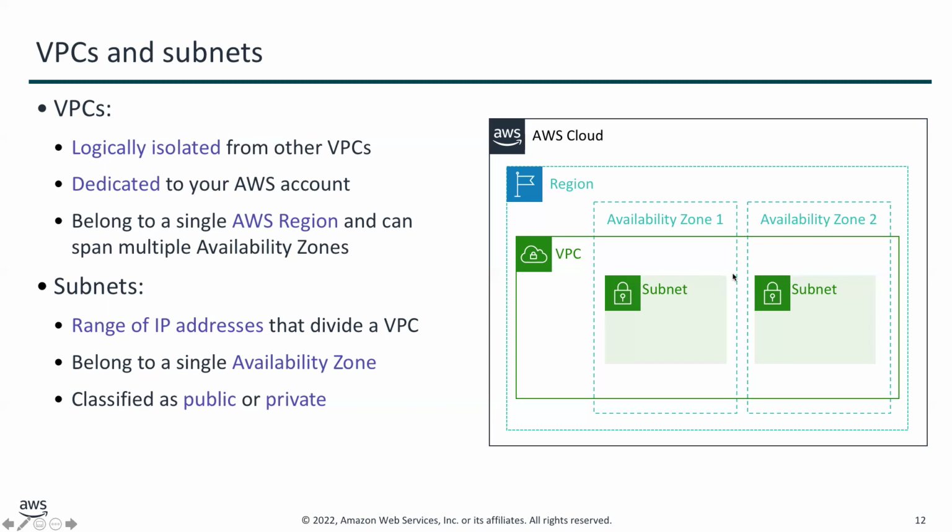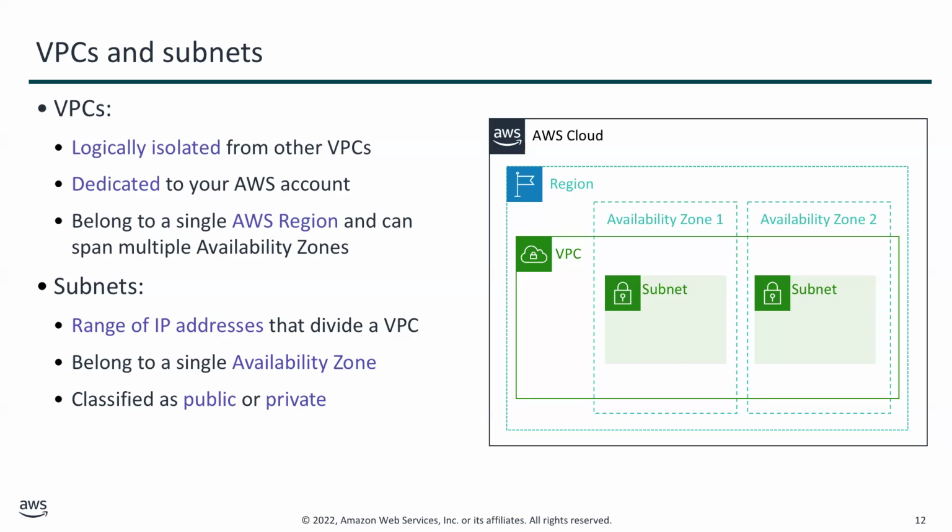You can create subnetworks, that is subnets, within that VPC. So we are basically dividing that VPC into multiple parts to organize things. Subnets have a range of IP addresses that divide the VPC, and each belongs to a single availability zone. You can't create a subnet across availability zones. And you can make a subnet private or public as per your need.